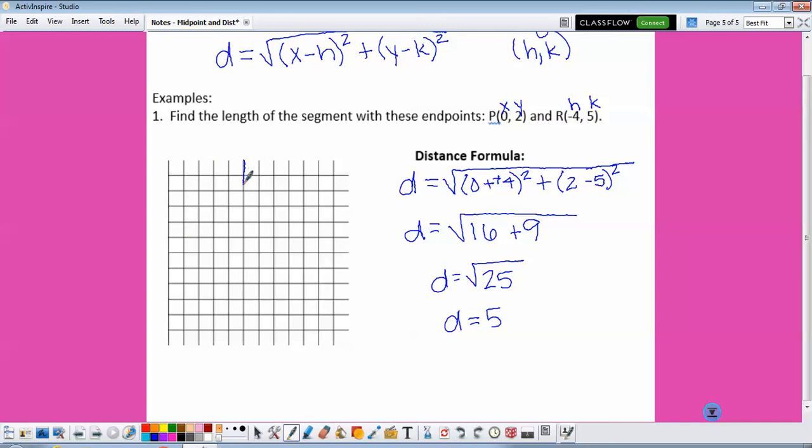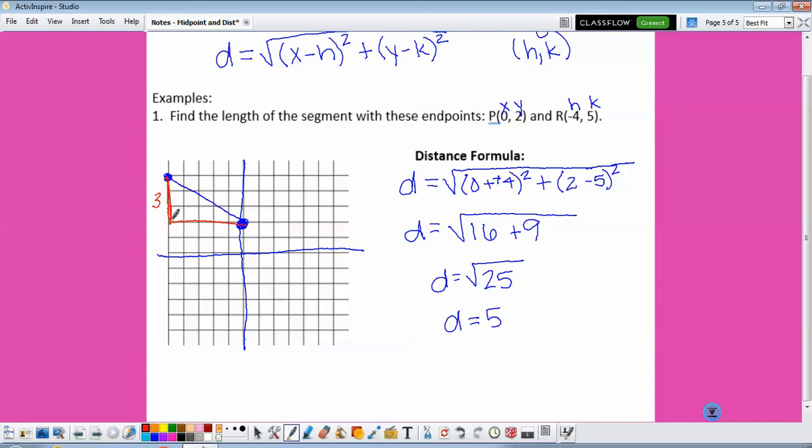And put it in the middle this time because we have negatives. So 0, 2, and negative 4, 5. So we want to know this distance. But because it's a diagonal, we can't just count the boxes. But what we could do is turn it into a triangle. This side of the triangle has a length of 1, 2, 3.